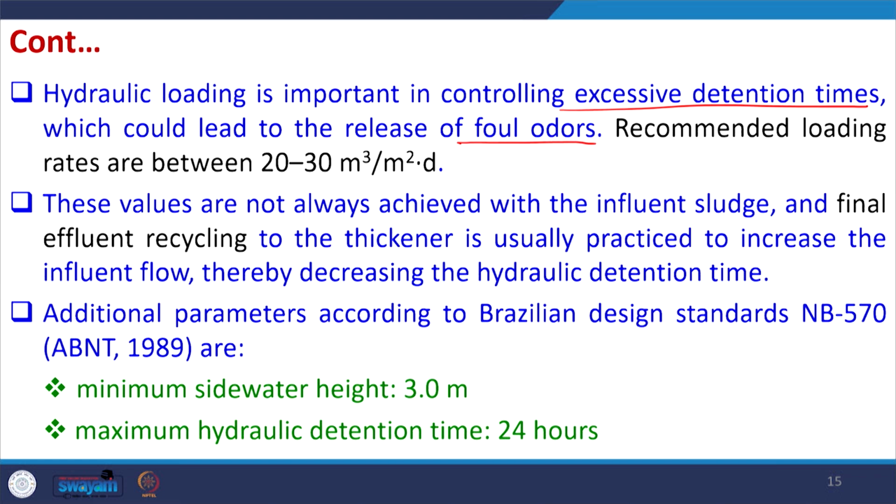So we have to take care of the foul odor, and the recommended hydraulic loading rates for gravity thickening are 20 to 30 meter cube per meter square per day.